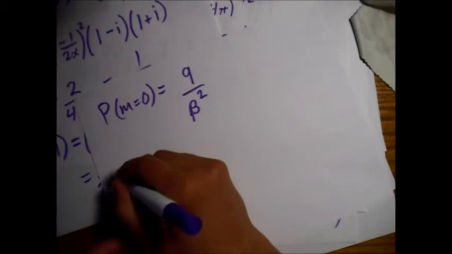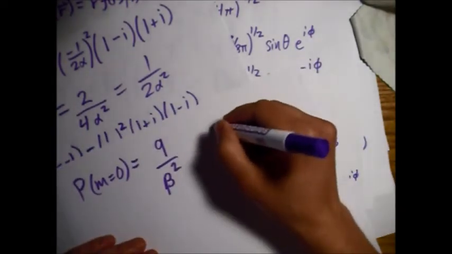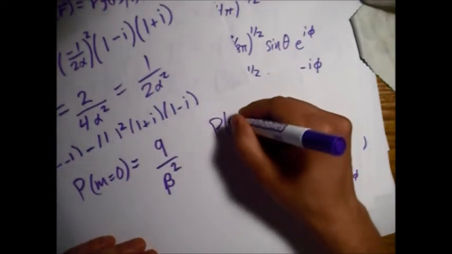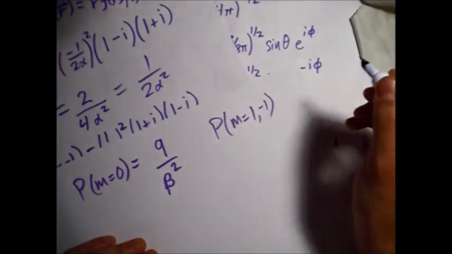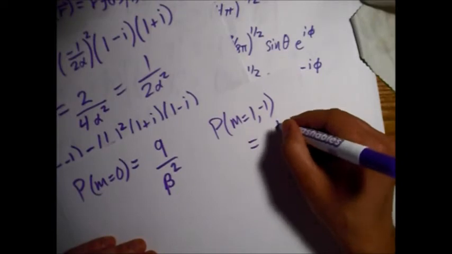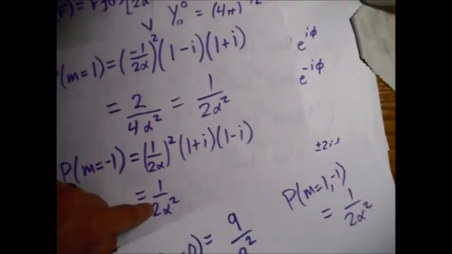Alright, I'm going to go ahead and copy these ones onto this sheet real quick. So the probability of m equals 1 or -1, because they're the same probability, right? Equals 1/2 alpha squared.